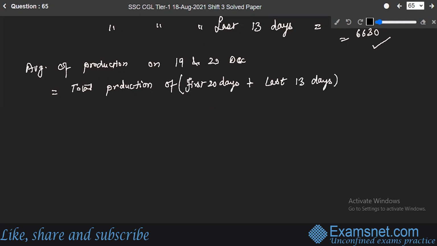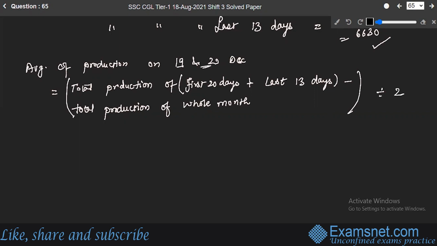From this, I'll be subtracting the whole production of the month. Then I will get the production for the 19th and the 20th date. Minus total production of whole month, this total divided by 2, because we have to find the average for the two dates, that's 19 and 20. So this is total divided by 2.